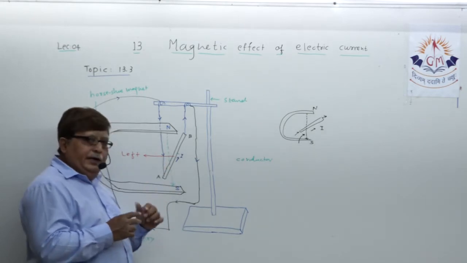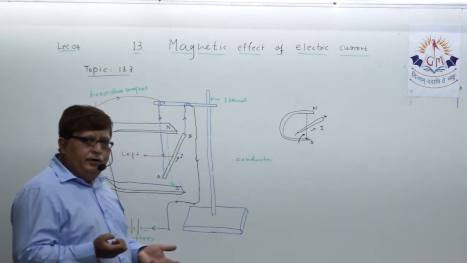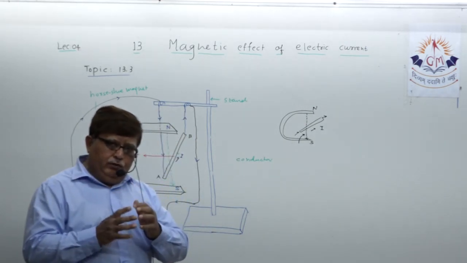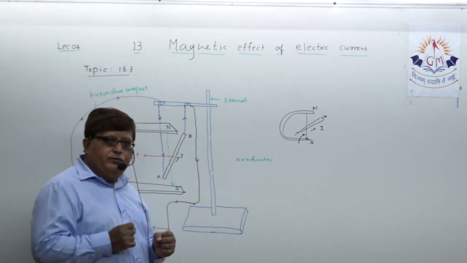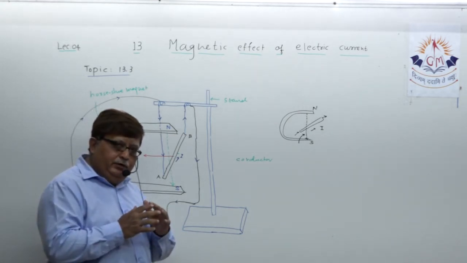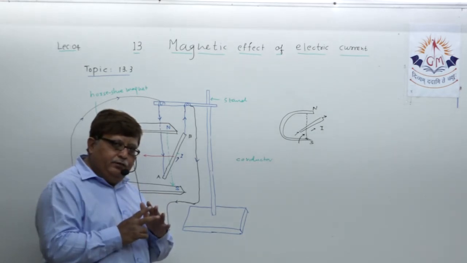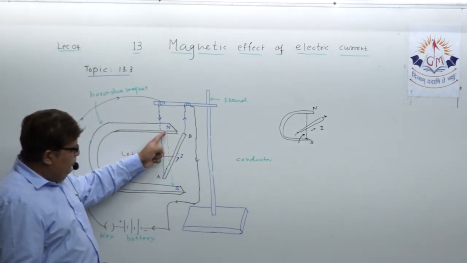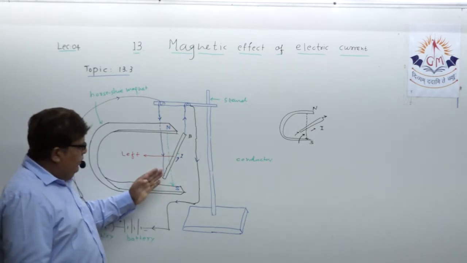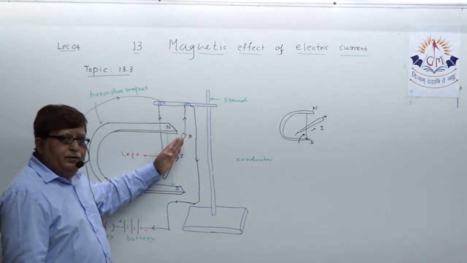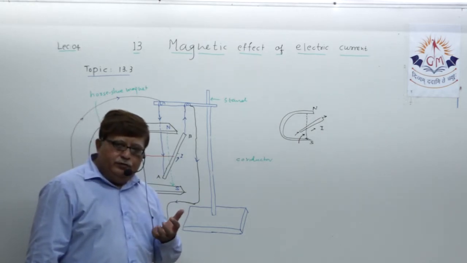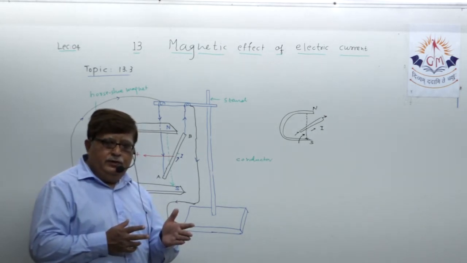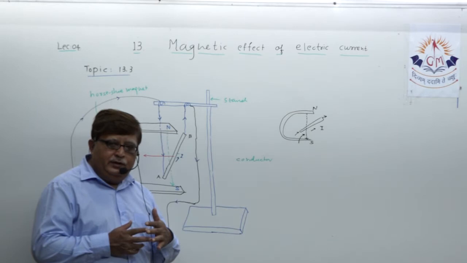That force, how did it come, from where did it come? That force is actually called electromagnetic force, and this electromagnetic force is generated by the interaction between magnetism and electric current, because that force is created by the interaction between electric current and magnetic field.